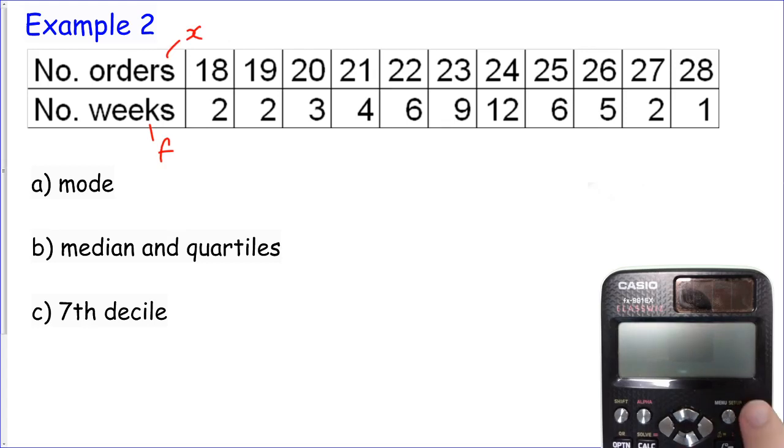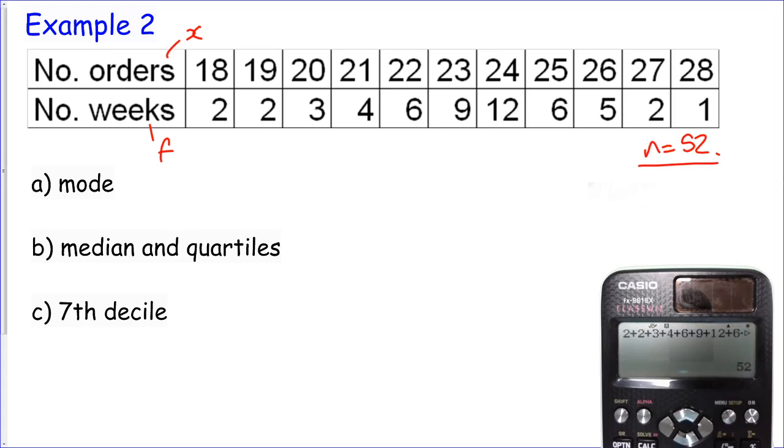So if I add this up, we have 1, 2, plus 2 plus 3 plus 4, plus then there's a 6, 9, 12, 6, 5, 2, 1. 52. So it is weeks in the year again, and this is the entire year. So we have n equals 52.